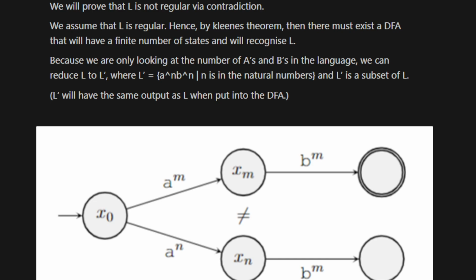I was actually talking to Todd the other day about this. So just make sure when you're doing your proofs that everything is all the same, because these are actually two different states, even though they're quite similar. So just keep that in mind. Going back to this, we have the state xn such that we have inputted a to the power of n.